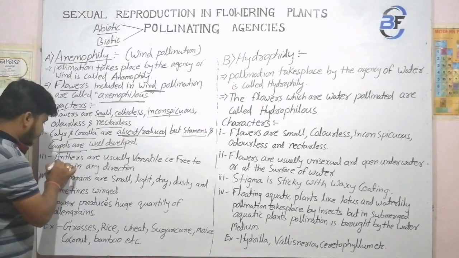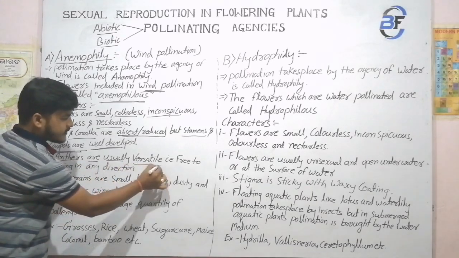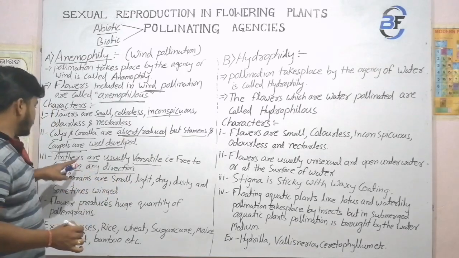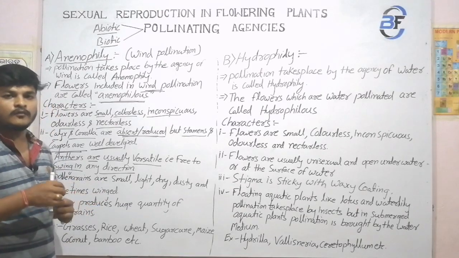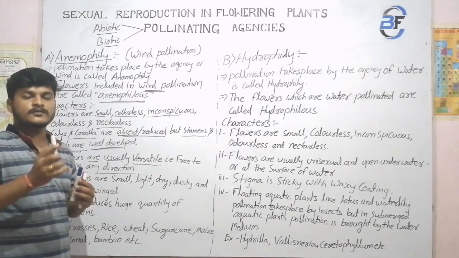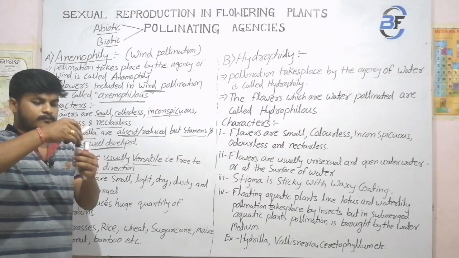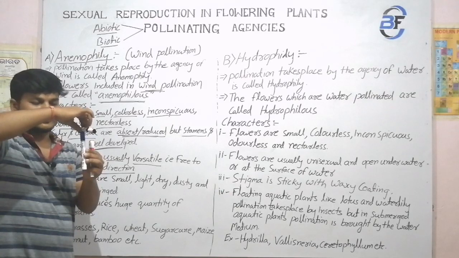Next one, anthers are usually versatile, that is free to swing in any direction. Versatile means it is free to move in any direction, and dispersal of pollen grains takes place by wind. Take an example: this is the filament and this is the bilobed anther structure.